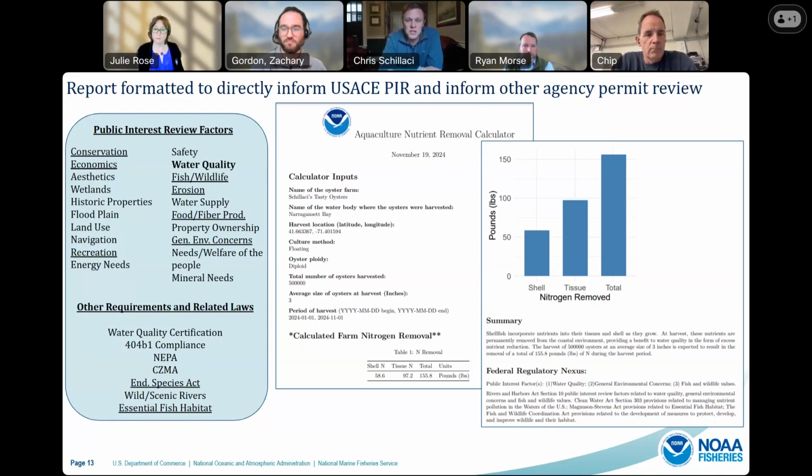As we looked across these public interest review factors, water quality is a clear place where the positive effects of shellfish oyster aquaculture would play into their review process. Where we did see examples of Army Corps permit managers or project managers documenting use, they used very generic text without any kind of quantitative assessment.